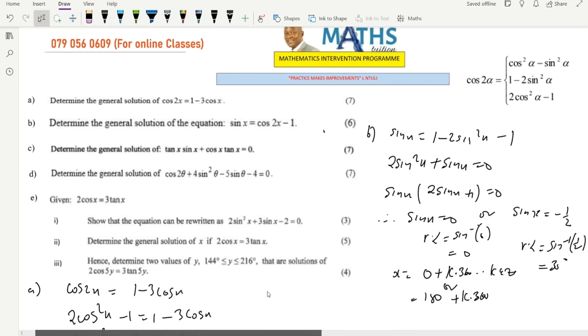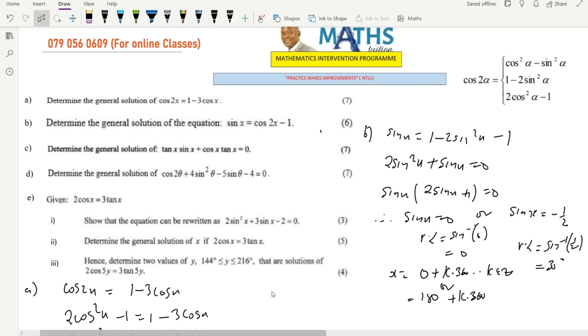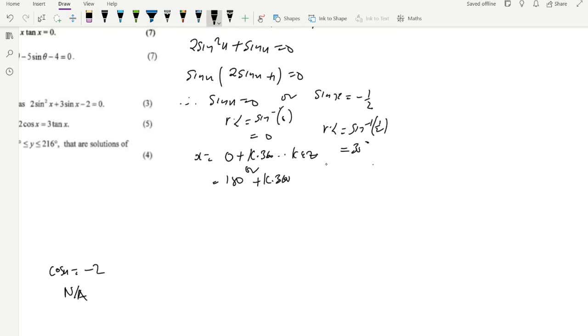We said it's the third quadrant, which is 180 plus 30, which is 210 plus k 360, or which other quadrant?